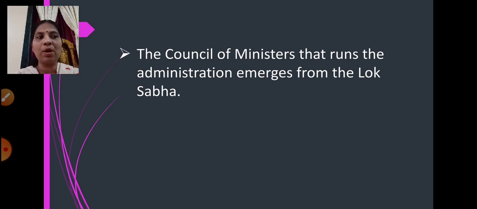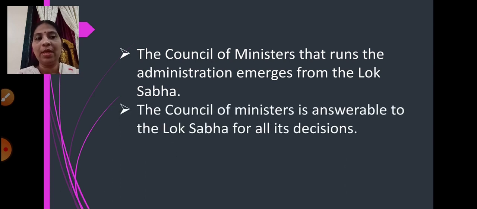Whatever work the Council of Ministers is doing, it is answerable to the Lok Sabha for all its decisions. Now, not all the members of the Lok Sabha are in the Council of Ministers. Children, there are 543 members in the Lok Sabha of the Indian Parliament. Out of those 543 members, some will be included in the Council of Ministers of the ruling party.